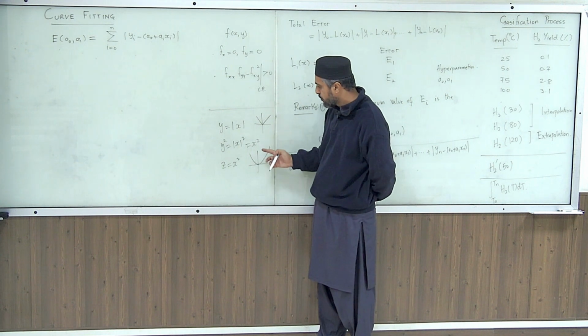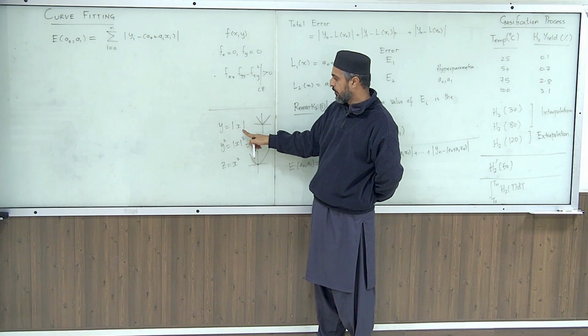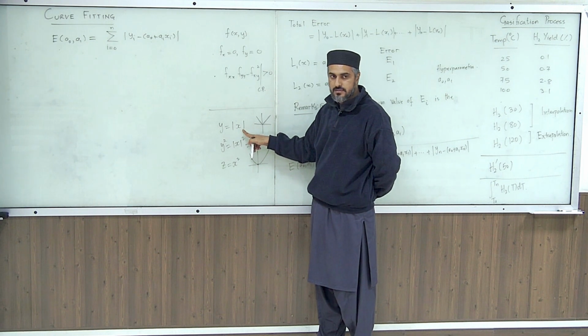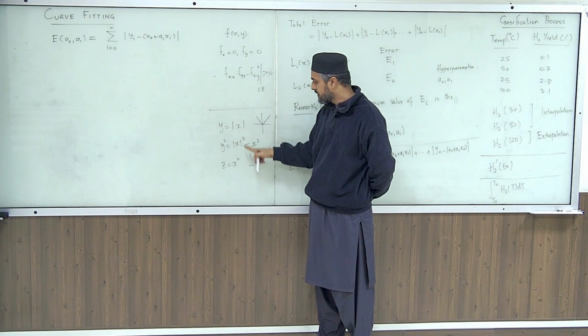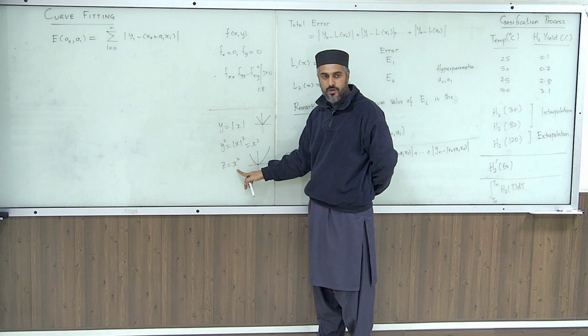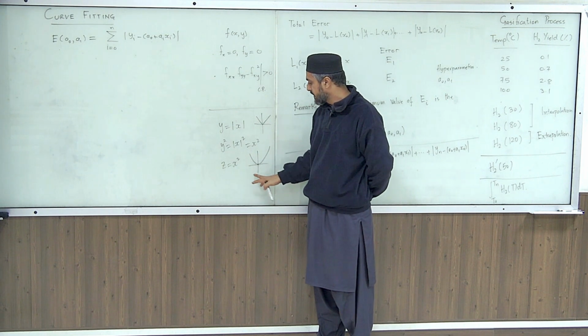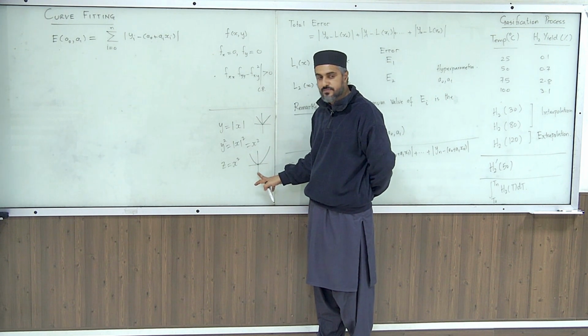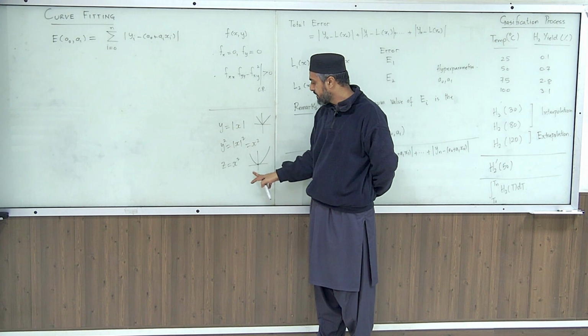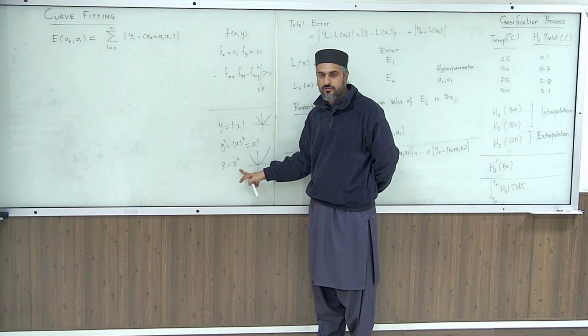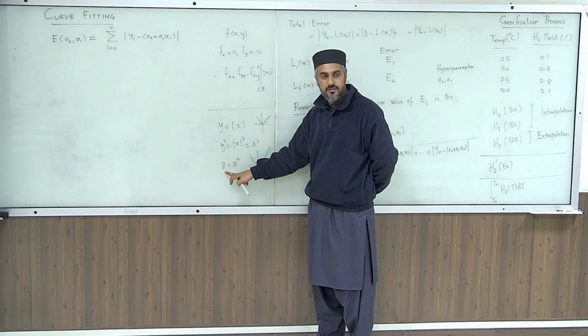Maybe we will not be able to do that using mod of x, which is the original function, but when we take a square of this value and apply the second derivative test, we will be able to get the minima of the function z.